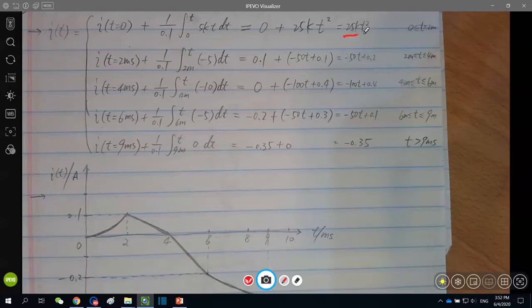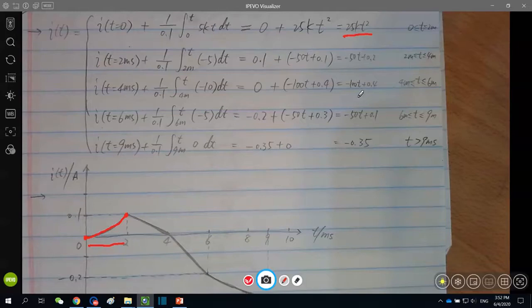For the first division, between 0 and 2 milliseconds, it is a parabola facing up, so we choose t equals 0 and t equals 2 milliseconds, and then connect them with a curved waveform, and that's it.